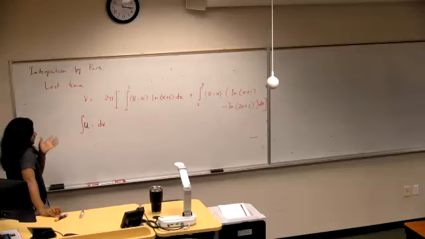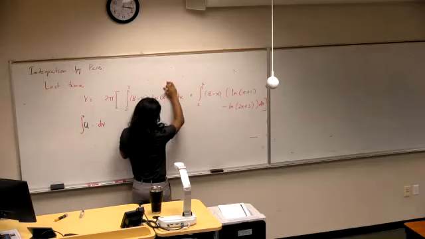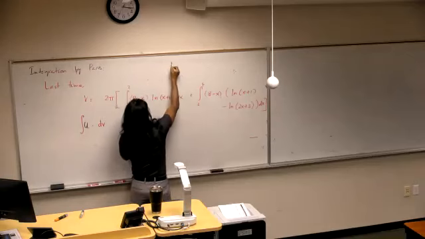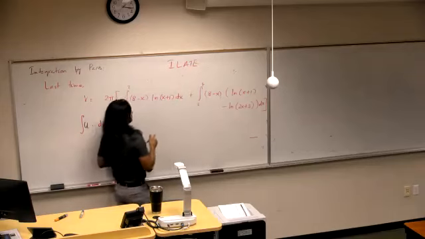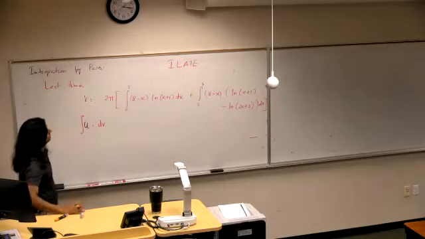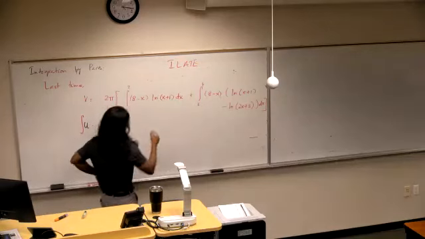One might wonder, well, which is u, which is v? A way that works for the most part is ILATE. I love algebra, trigonometry, and eating. Easier way to remember. What does ILATE stand for?